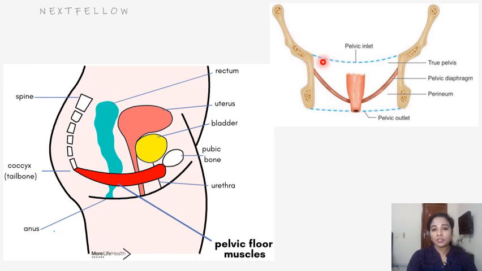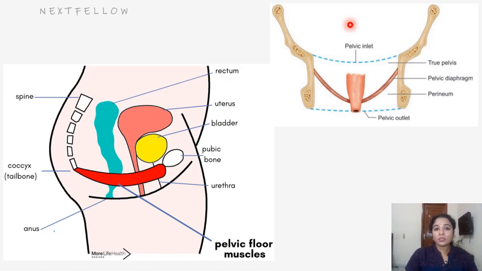So here we can see the superior border is the pelvic inlet, pelvic brim, and inferior border is the pelvic outlet. So this is the pelvic diaphragm. So lesser pelvis or true pelvis is between the pelvic inlet and pelvic diaphragm muscle. And below the pelvic diaphragm, this part is the perineum.